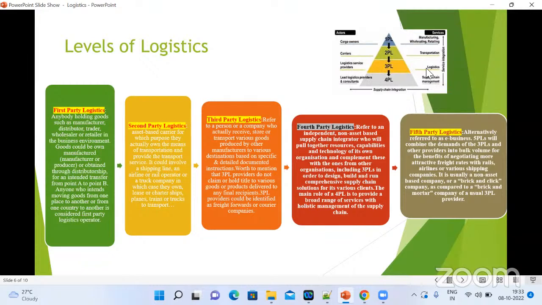So here comes the logistics part. In this logistics part, whatever data was received by the third party, those goods will be produced by multiple manufacturers, and they should be routed to multiple destinations based on specific details, where we have barcodes and scanners. Depending on the barcode and scanners, we need to see which route it goes to: whether North Delhi, South Delhi, or Gujarat.